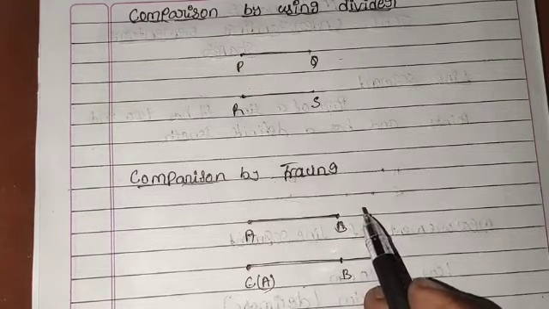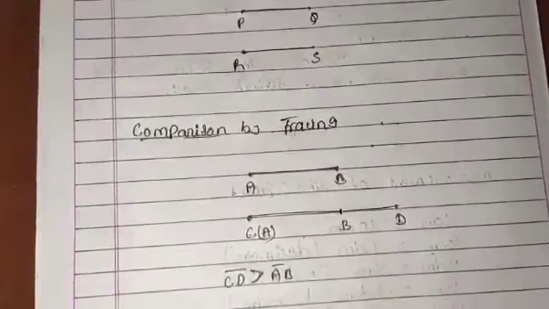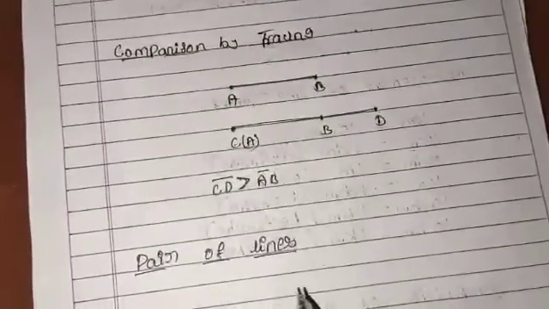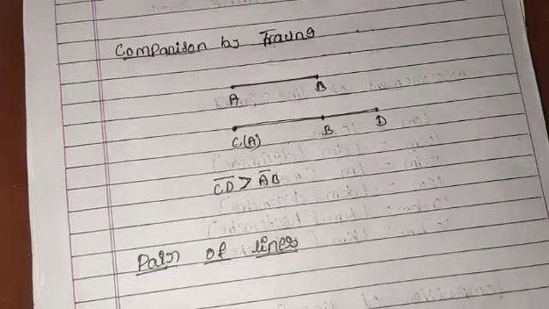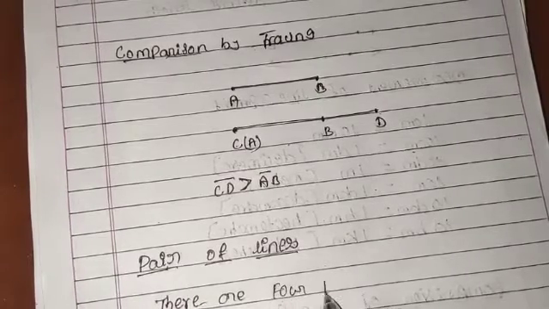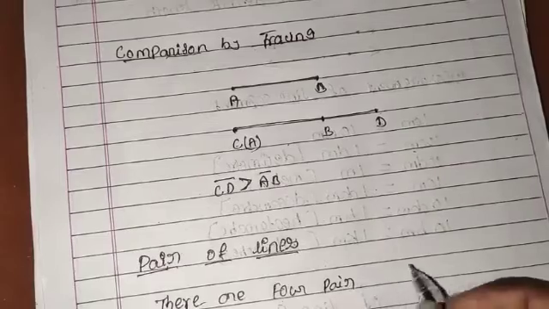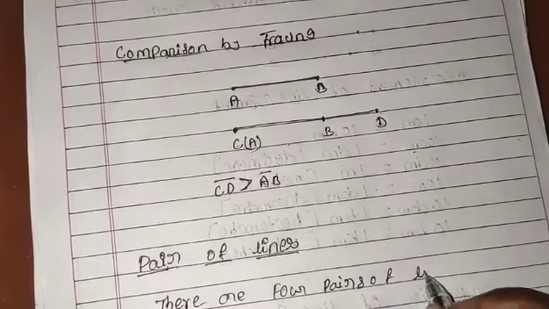Next we move on to the pairs of lines. There are four pairs of lines.